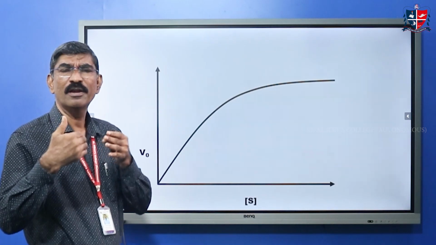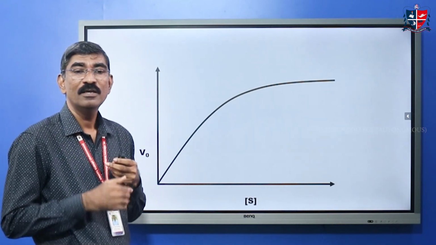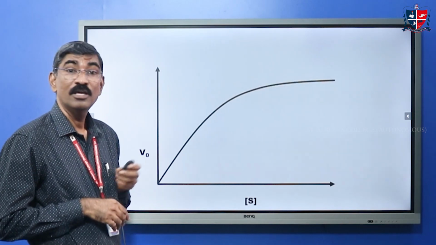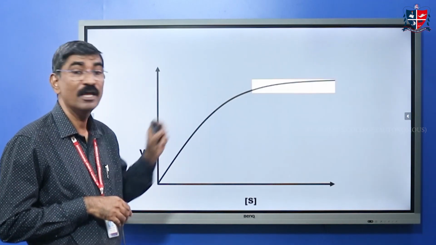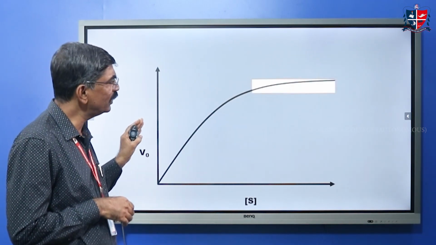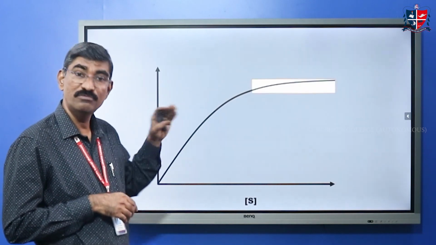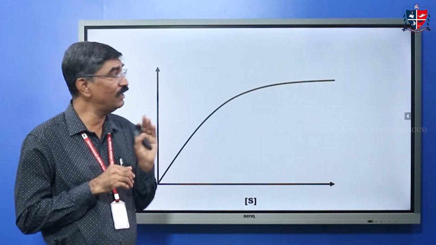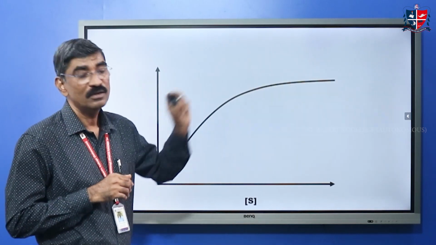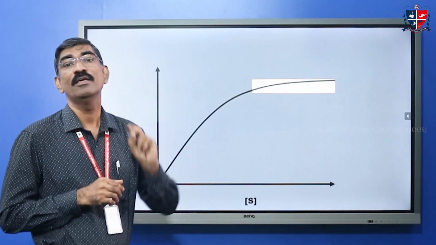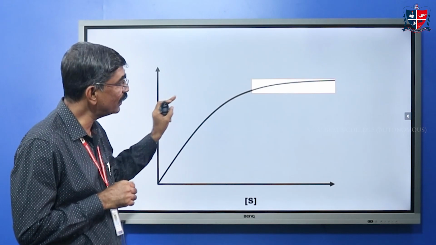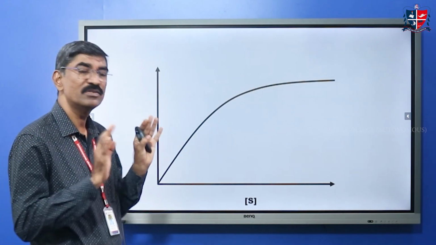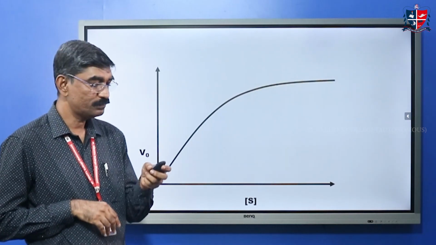That means the rate of the reaction has become steady. But if you look at that region very closely, you can see that it is not straight. That means the velocity is not constant; it is gradually increasing. So it is not at all steady.